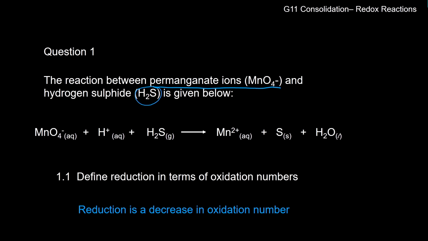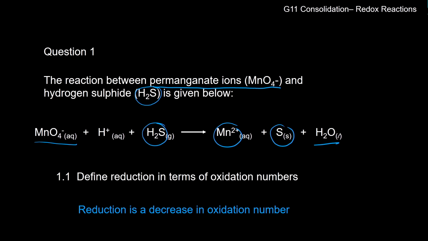Okay, so we've got the permanganate ions given to us in this reaction. They're plus hydrogen sulfide is Mn2 plus, and we get sulfur solid and we get water. So they are asking us in the first question to define reduction in terms of oxidation numbers.